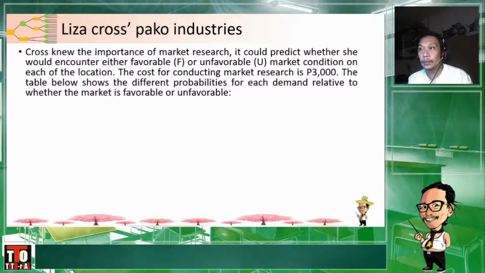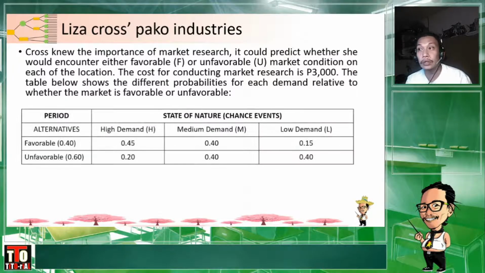Now, the table below shows the different probabilities for each demand in relation with whether favorable ba or unfavorable sa market. So, ito yung table. So, kung favorable daw, there is a 40% chance na favorable daw si market at magkakaroon ng 0.45% na high demand, 40% na medium demand, and 15% na low demand.